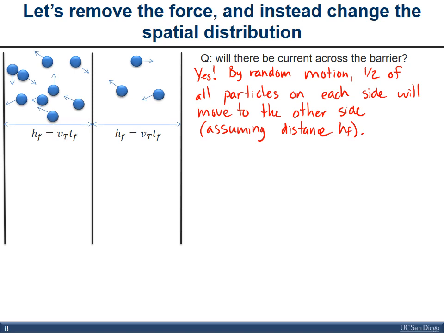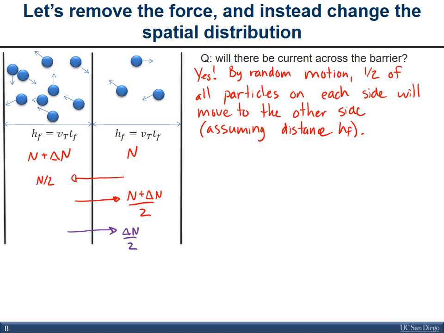So let's imagine that on this side we have n particles, and on this side we have n plus delta n particles. What this means is that from right to left, we're going to have n over 2 particles moving this way. From left to right, we're going to have n plus delta n over 2 particles moving in that direction, which means that we have a net flow of delta n over 2 particles going in this direction.